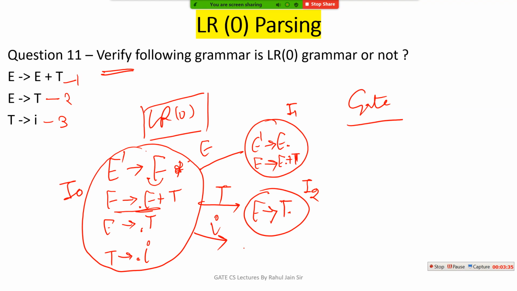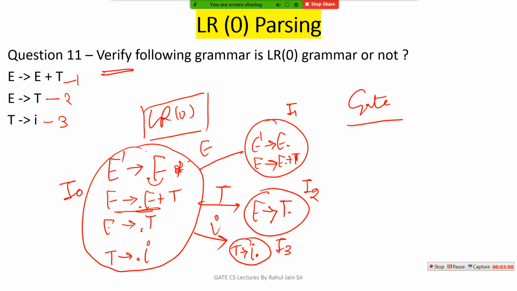On i, T derives i dot, which is reduced, in state I3.